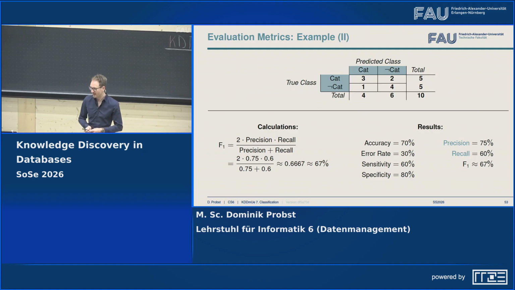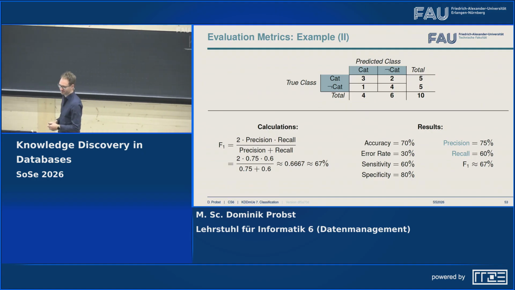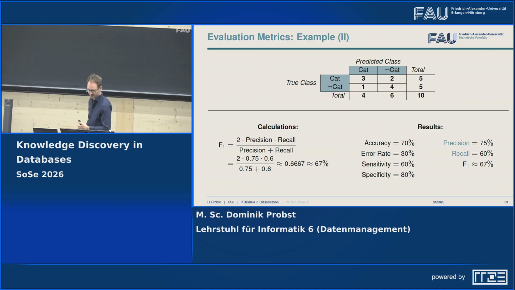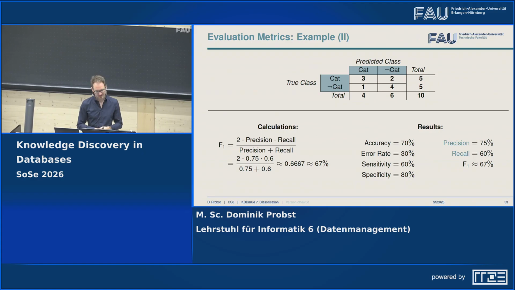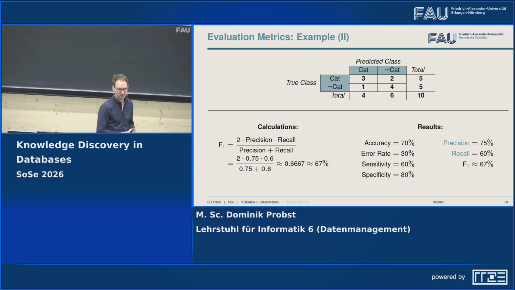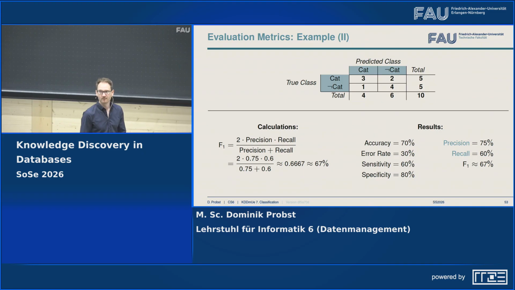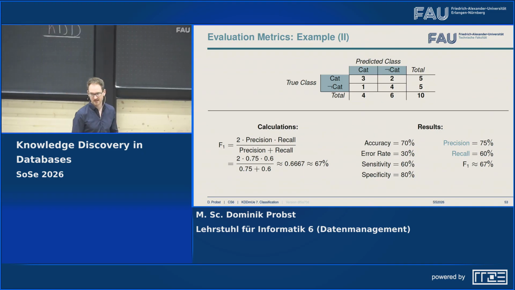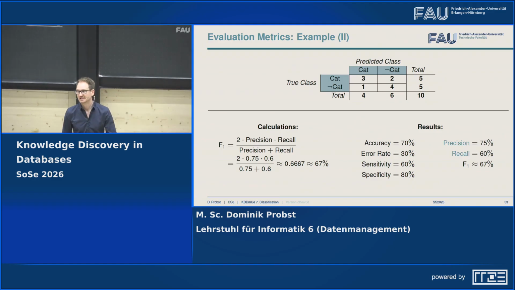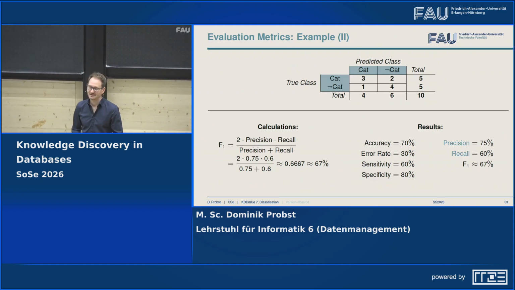I've gone through them pretty fast since these are pretty easy calculations. Now we have to talk about how good this model would be. An accuracy of 70% is in most cases not enough for a good model. Of course, with a small example, with only 10 test samples, this might happen.